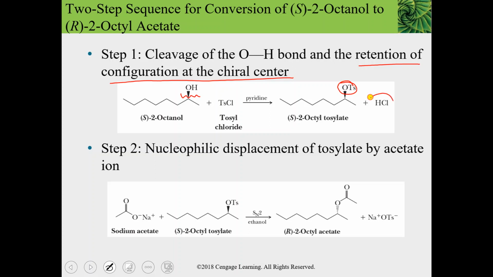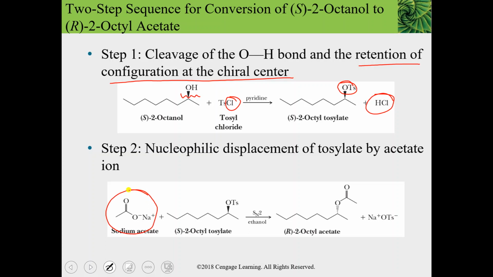Oh, and look at that. Hydroxyl group, chloride ion. Guess what we get? Hydrochloric acid as a product. The second step is the nucleophilic displacement. All right, so the OTs is going to get gone by way of this particular sodium acetate.